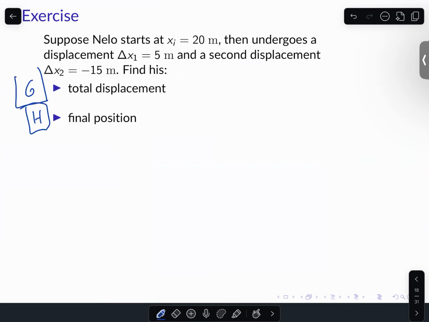1 minute. Draw a number line if you need it. I'll zoom in.